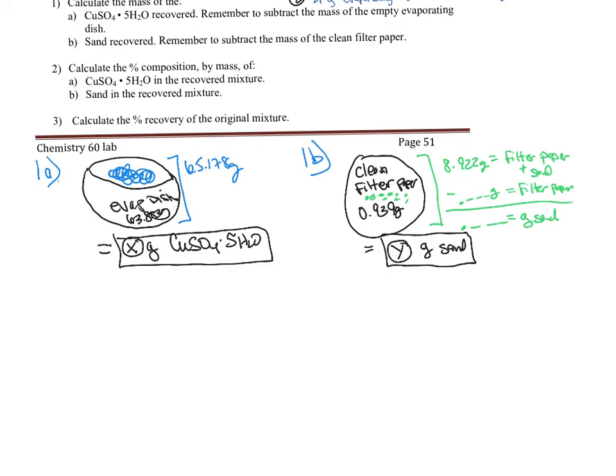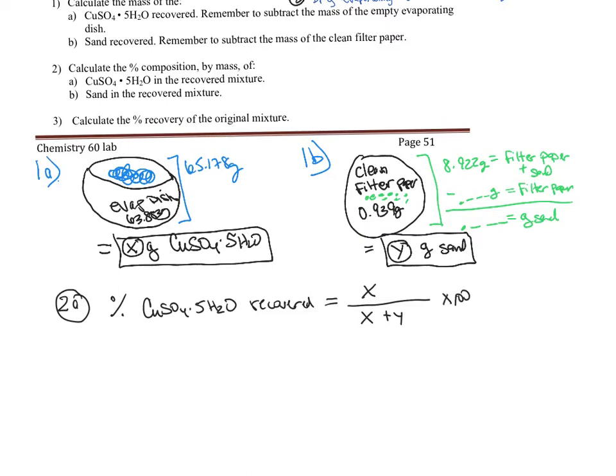For number 2 then, 2A, the percent copper sulfate pentahydrate recovered equals the grams of our copper 2 sulfate pentahydrate that we got back, which is X, divided by X plus Y times 100. Think about significant figures.